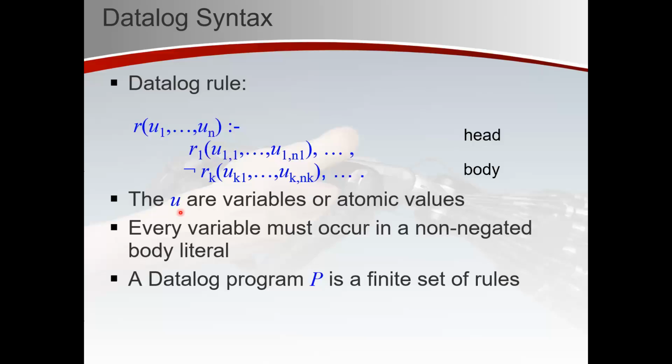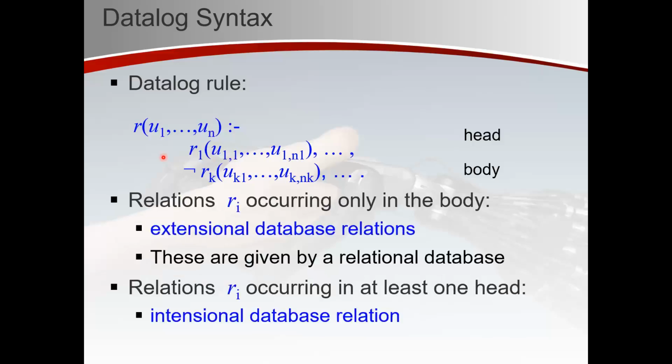Every variable must occur in a non-negated body literal. So the variables here, u1 to un, must appear somewhere here, and these variables too must appear somewhere in these rules. Okay, a Datalog program P is a finite set of rules. That applies to every programming language. Programs have to be of finite length.